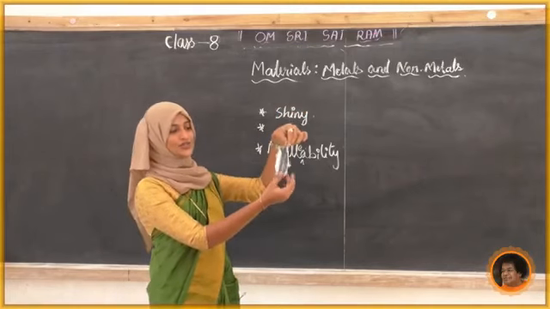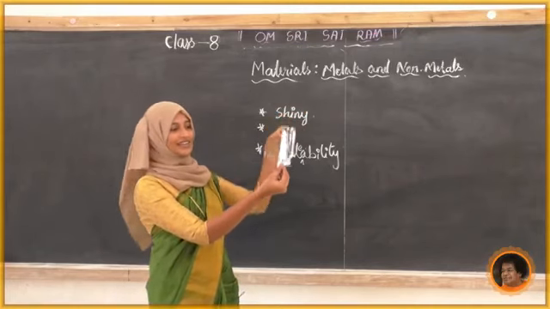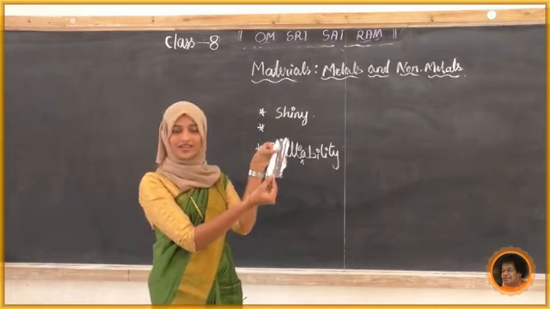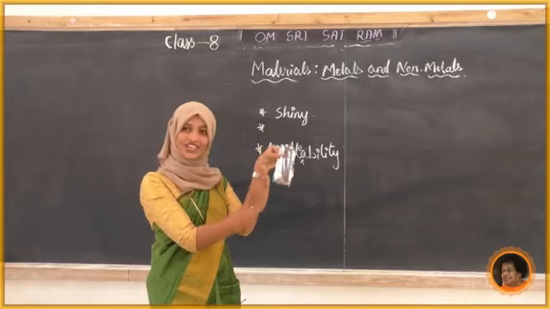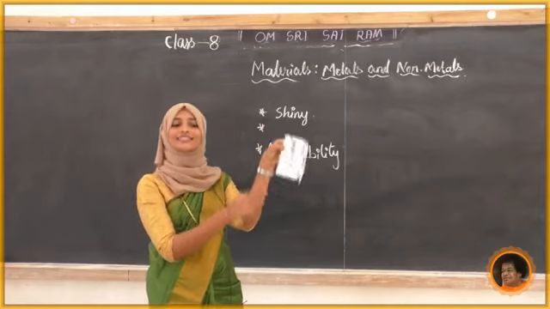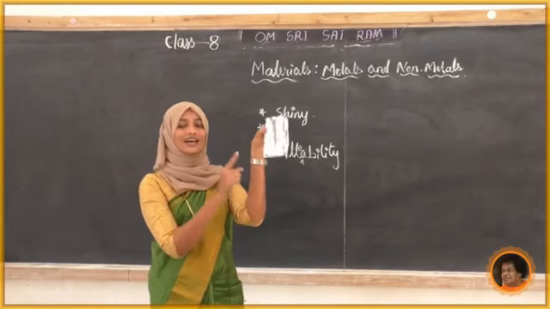Now just observe this, students, how they are giving this shape. Actually, this is aluminium metal, and they are changing it into a sheet. This property is called malleability of the aluminium.